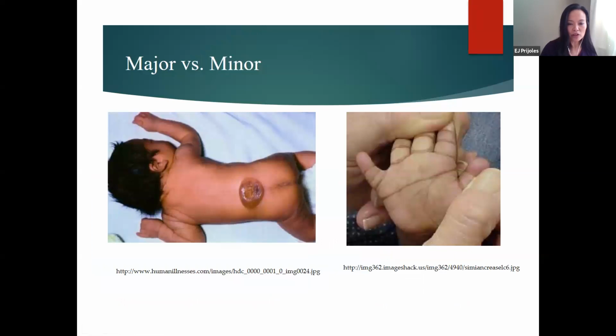They can be minor, like a single transverse palmar crease, which individuals can have on their own. Sometimes children might have these, and you just take a look at the parent, and the parent also has this, and they're healthy. And then a major birth defect, like a neural tube defect.